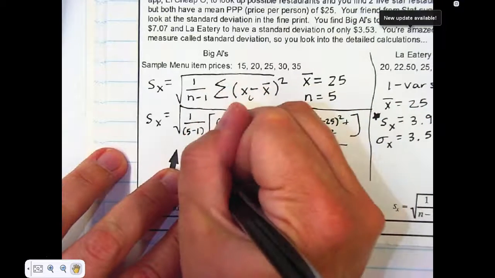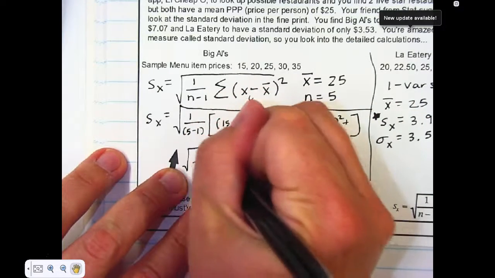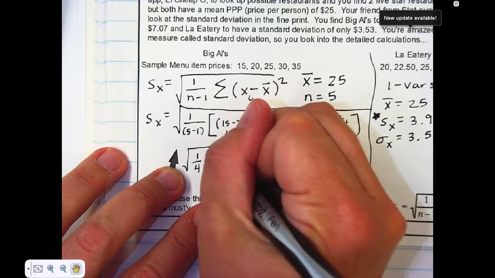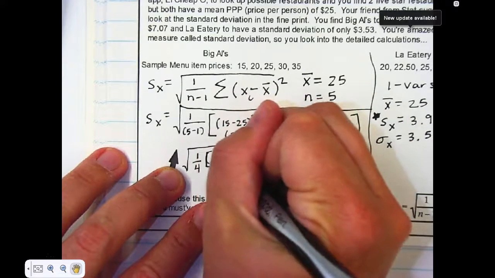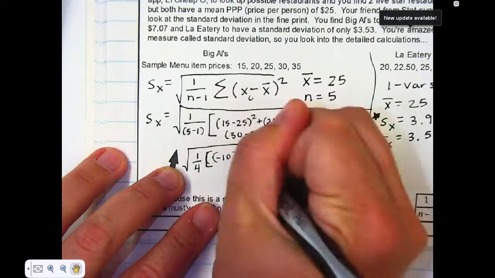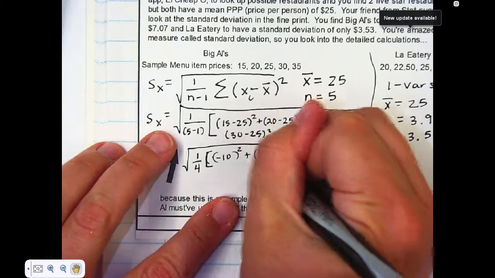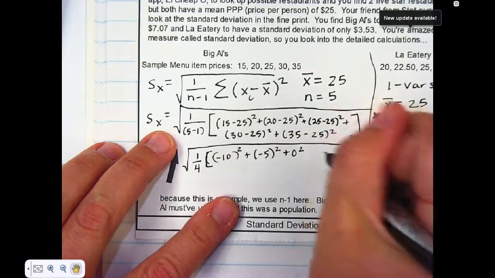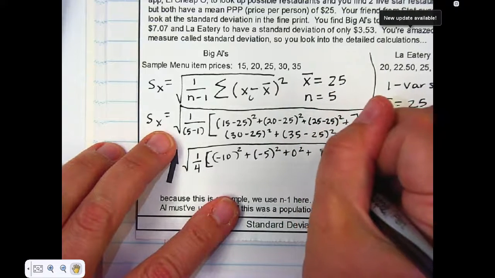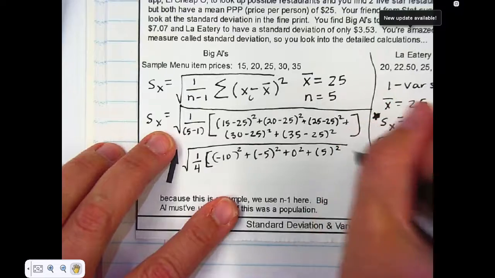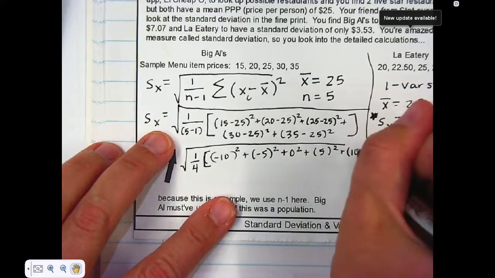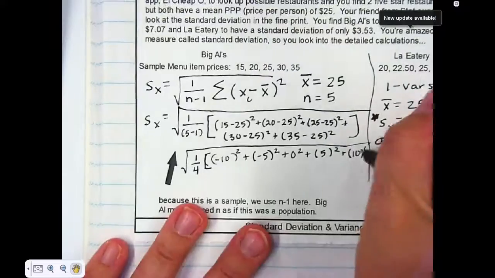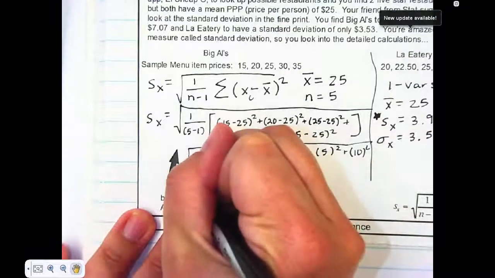So obviously 5 minus 1, I'm multiplying by 1/4. 15 minus 25 is negative 10 squared. If I kept on going, I'd have negative 5 squared plus 0 squared plus positive 5 squared plus 10 squared. So there it fits for me this time. I'm going to continue on.